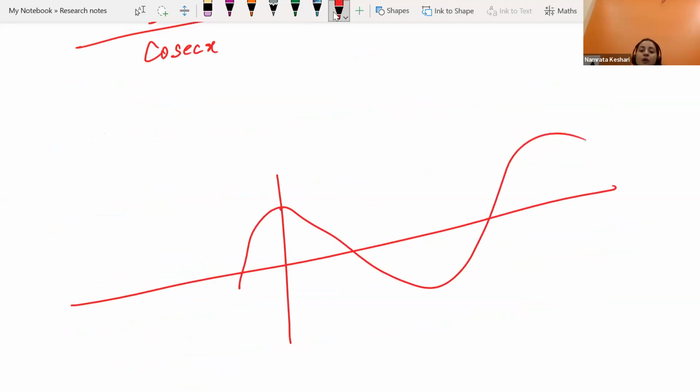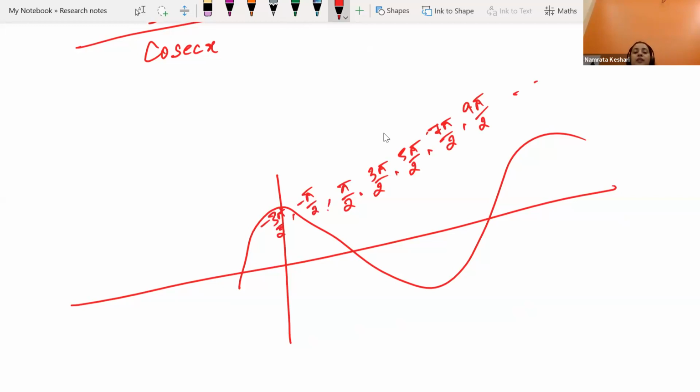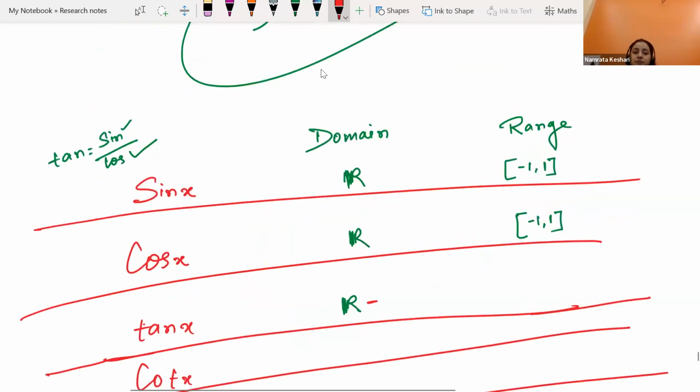So odd multiples of pi by 2 means at pi by 2, at 3 pi by 2, at 5 pi by 2, at 7 pi by 2, at 9 pi by 2. These are the odd multiples. Similarly, minus pi by 2, minus 3 pi by 2. So at odd multiples of pi by 2, the cosine function will give you the output 0.